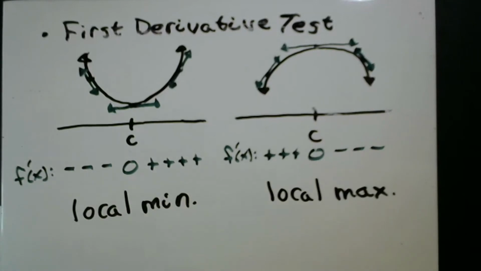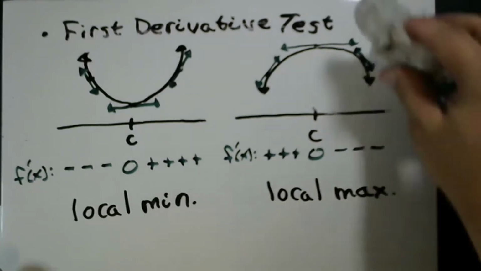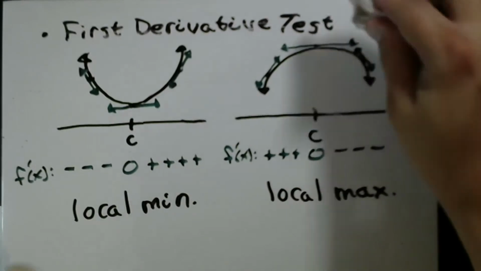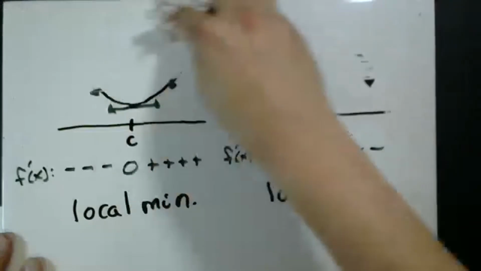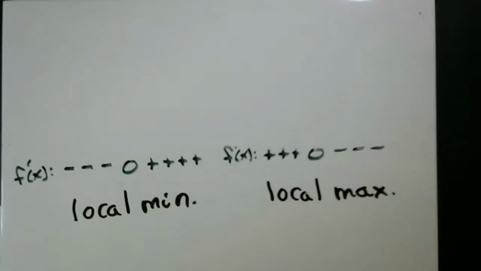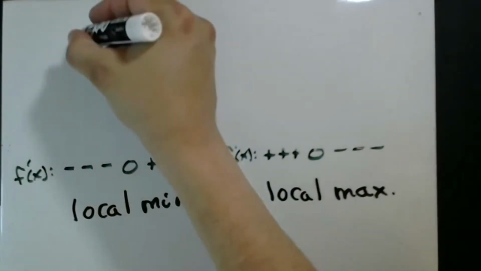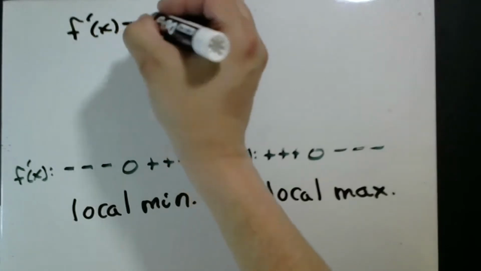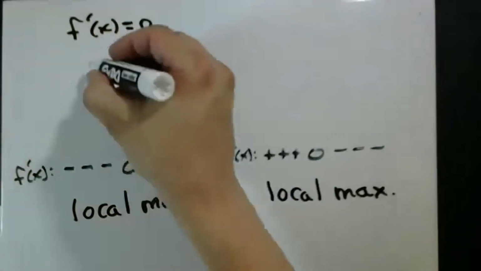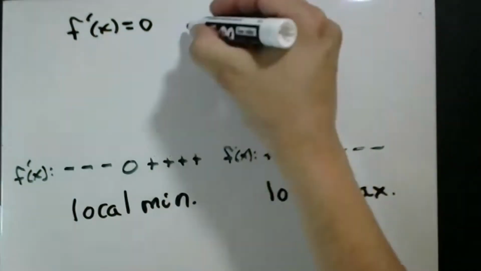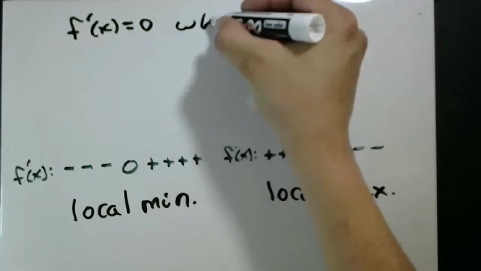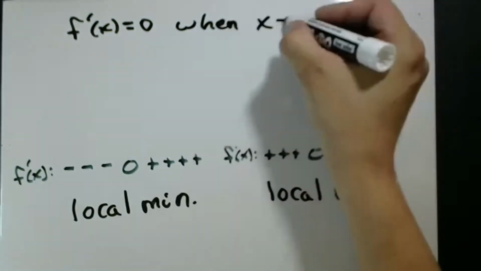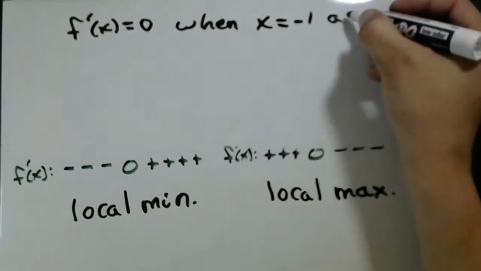So what are we going to do? Well, we've already set f prime of x equal to 0, and we solve for x. So we just did this. In solving for x, we found out that the first derivative is 0 when x is -1 and 1.